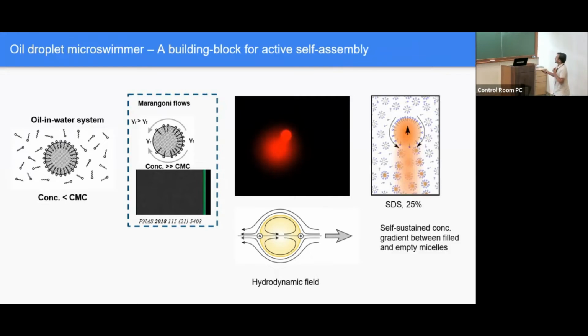So these droplets have the self-sustained concentration gradient between filled and empty micelles, and when they generate this trail of filled micelles, such droplets avoid crossing not only their own trails but also the trails of neighboring droplets.